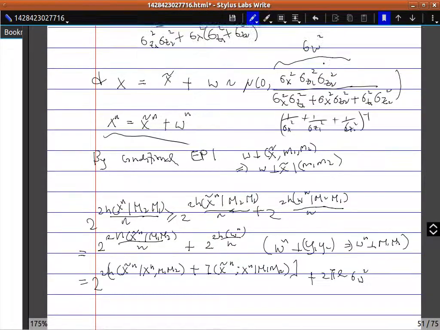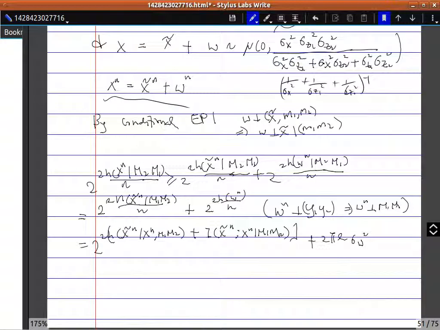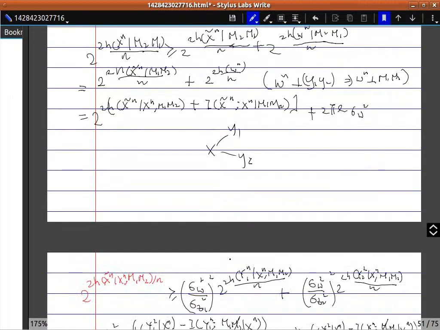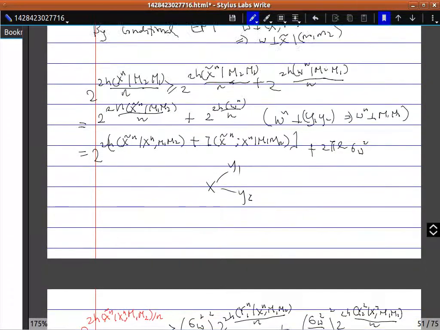And also, given x, because we have something like this where we have x, y1, y2, and from there we construct x tilde.